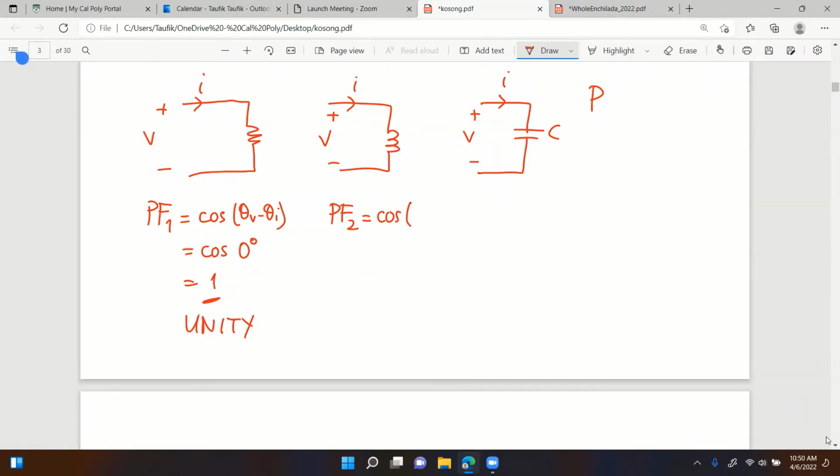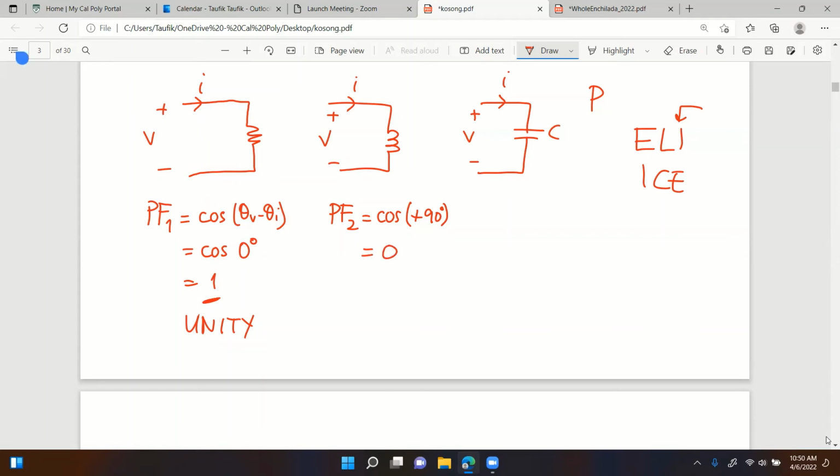Is it plus 90 or minus 90? Plus 90. Oh, very good. Plus 90 degrees. And how do you know it's plus 90 degrees, not minus 90 degrees? Remember ELI. Yes, very good. For L, you can see that current lags voltage by 90 degrees. That's why theta V minus theta I must be plus 90 degrees, right? So that's going to be 0.